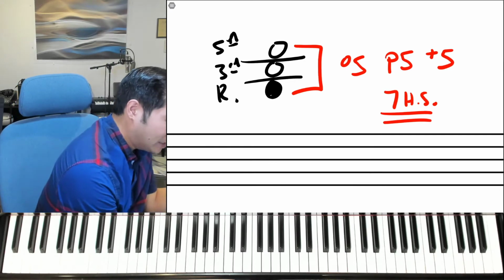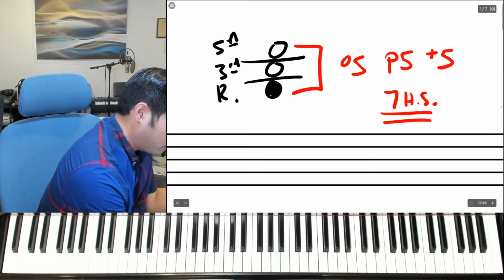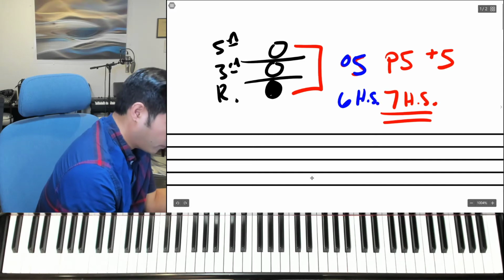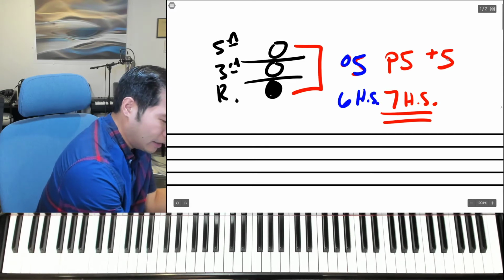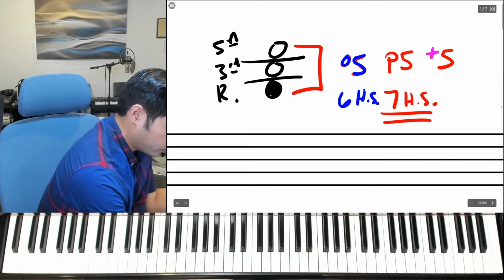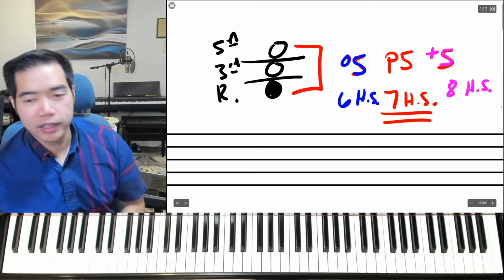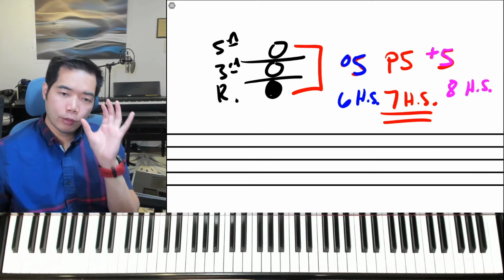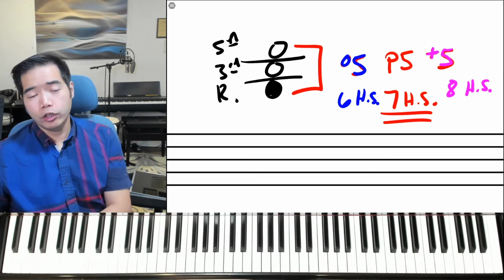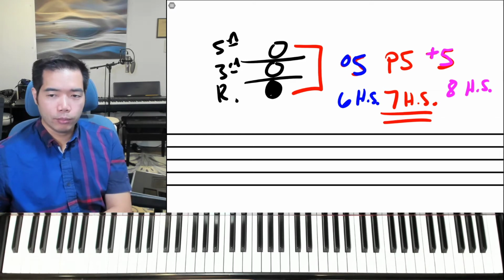That means if it has 6 half steps, it's going to be diminished. And if it has 8 half steps, it's going to be augmented. Since a diminished interval is going to be 1 half step smaller than a perfect interval, and an augmented interval is going to be 1 half step larger than a perfect interval.